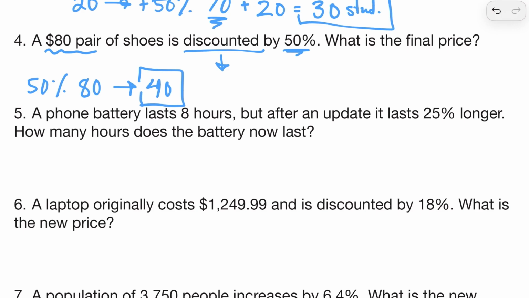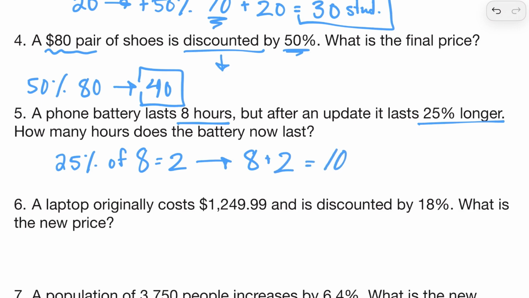Number 5 says a phone battery lasts 8 hours, but after an update it lasts 25% longer. How many hours does the battery now last? Similar to one we've done before, 25% of 8 is 2. 1/4 of 8 is 2. But if it lasts that much longer, this is going to be 8 plus 2 is 10 hours, which is how long the battery lasts now.